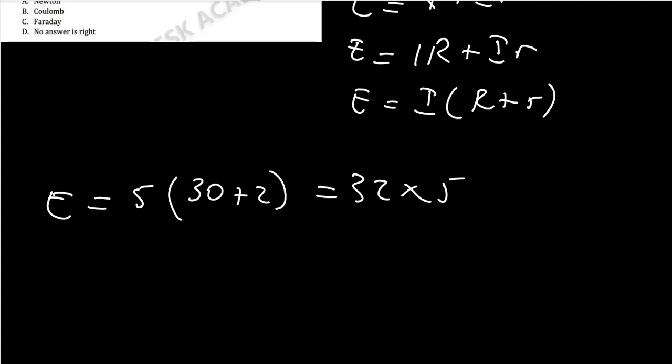So in accordance with the values given in the question, we observe no answer, since 32 times 5 is equal to 160. So this will give me 160 volts, which is no answer.